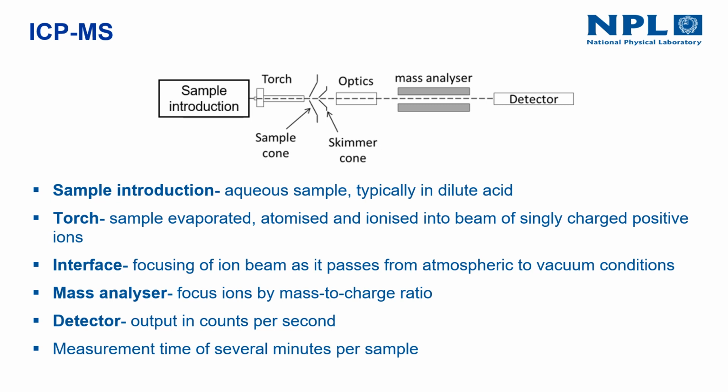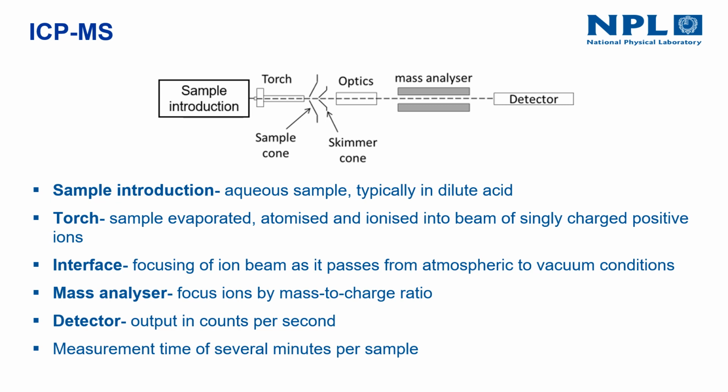The torch, this is the inductively coupled plasma part where the sample is evaporated, atomized and ionized into a beam of singly charged positive ions. The interface then focuses this ion beam as it passes from atmospheric sample introduction to vacuum conditions. The mass analyzer then focuses the ion beam by the mass to charge ratio that the user wants to measure, and the detector most commonly measures the output in counts per second, although there are some different designs in this area.